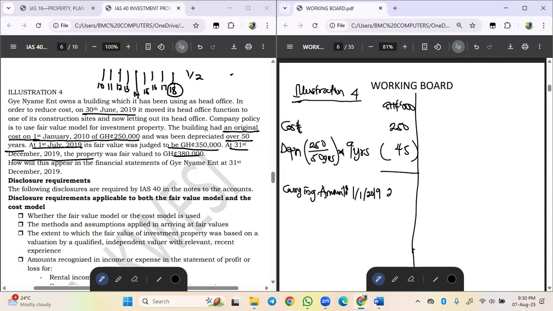205. So you have to calculate depreciation for that half in 2019. That one will be the cost of the asset over the useful life of 50 times half, or 6/12.